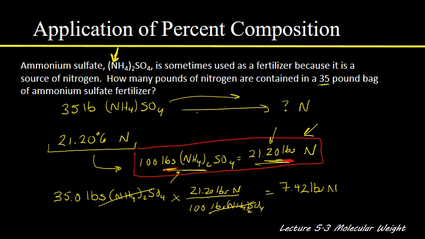And since we've got two significant figures here, we want to write that in two significant figures. So 7.4 pounds of nitrogen. Okay.